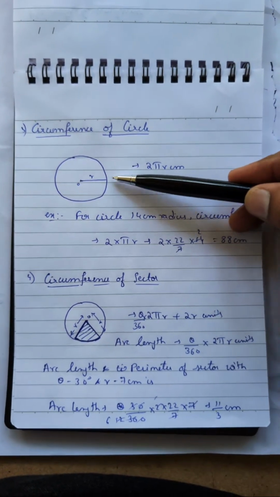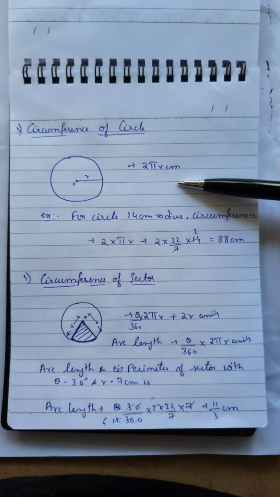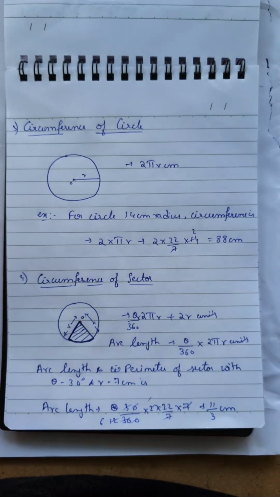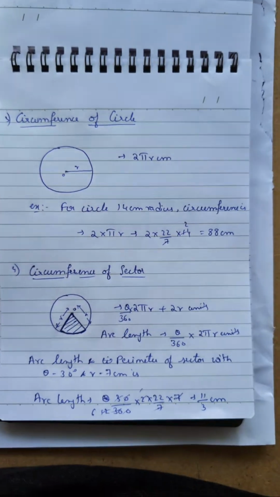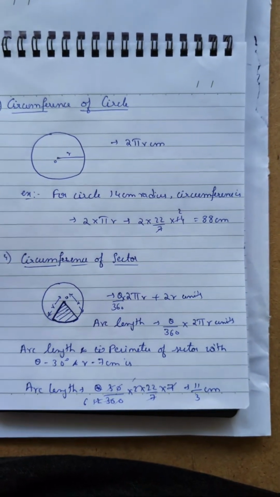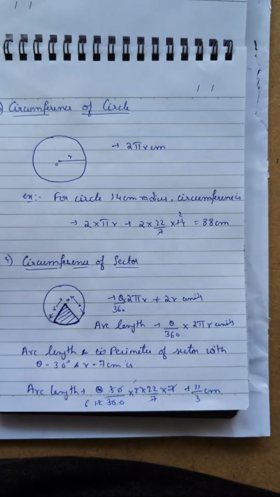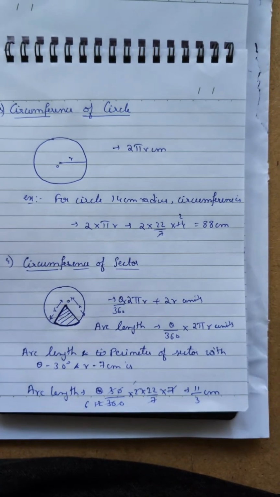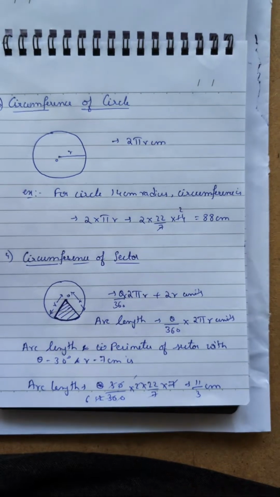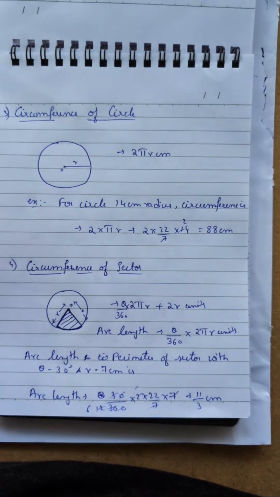The circumference of circle formula is 2 pi r centimeter, where pi is 3.14. Also we can take it as 22/7. So if in this question they ask the circle has 14 centimeters as radius and find the circumference, then you can say 2 pi r, that is 2 into 22/7 into 14 centimeters as radius, so we will get 88 centimeters.